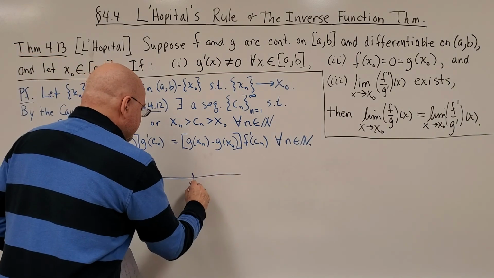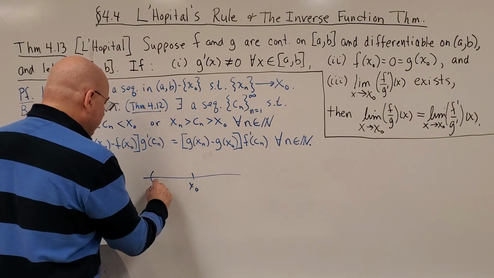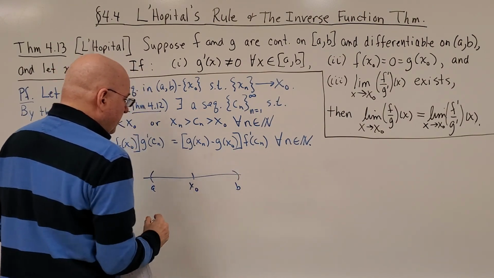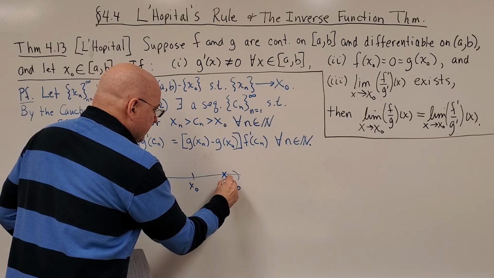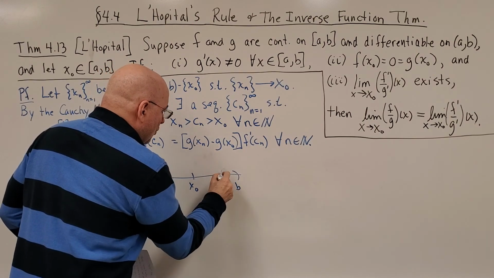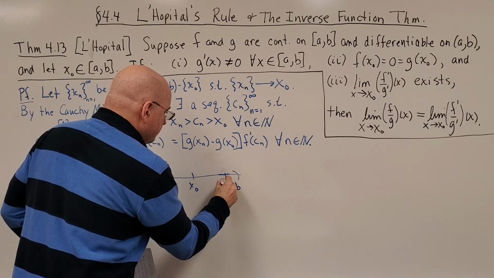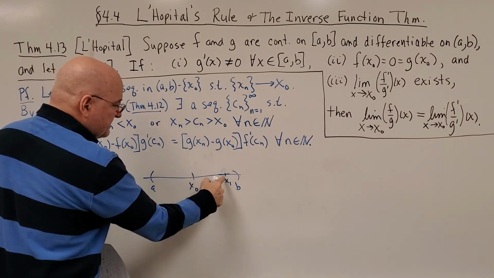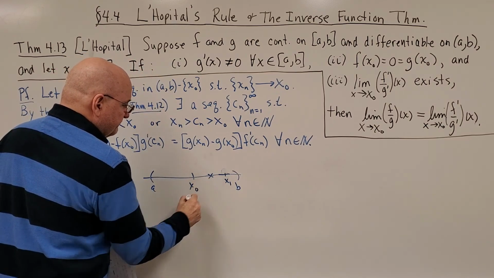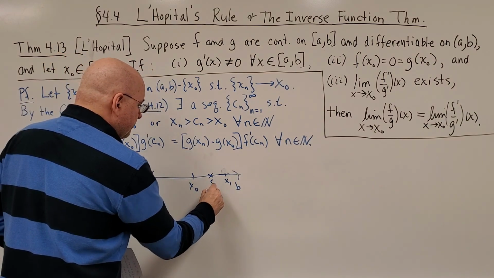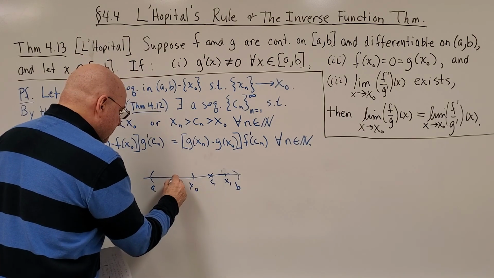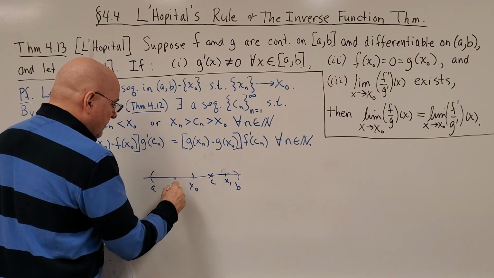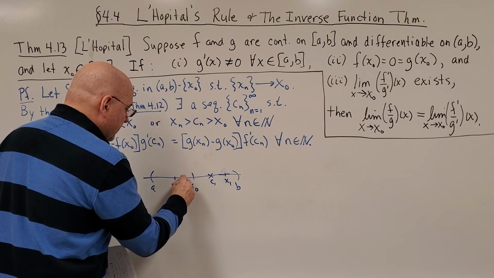So basically, if that's x naught, and here's our interval, and this happens to be x1, well, C1 is going to be somewhere in here, like right there. If x2 happens to be here, well, C2 is going to be somewhere in here.